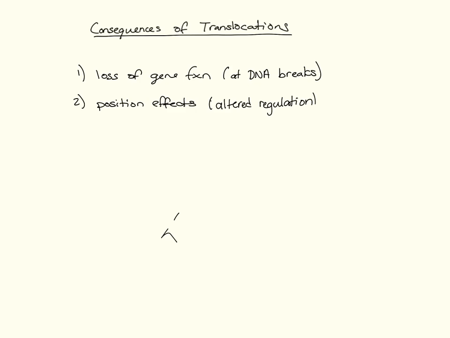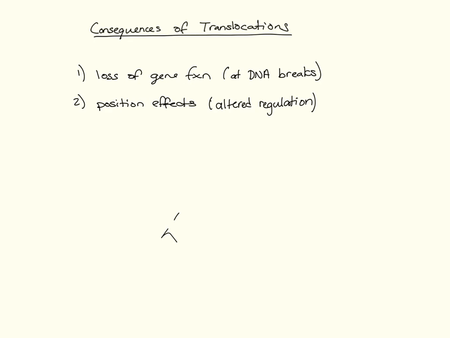regulation. And remember that that changes how and when some of these genes might be expressed in a cell, which cell types, when during development, when during the day, or different stimuli that might change how a gene is expressed in a cell.